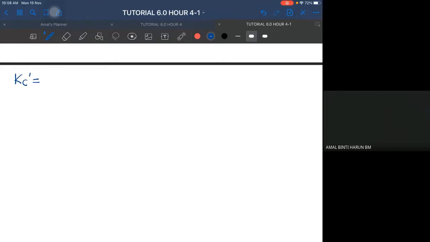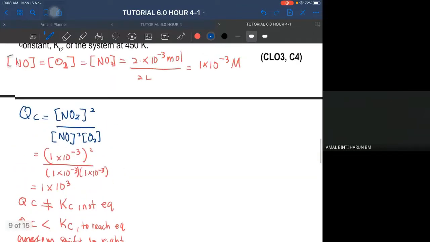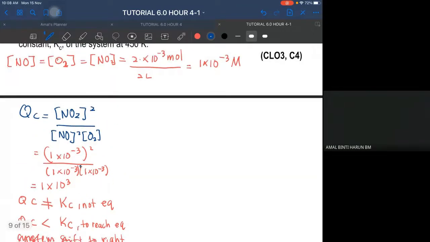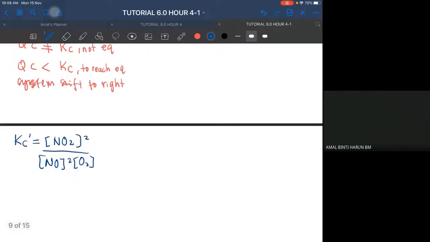So the new Kc is concentration NO2 squared over concentration NO squared concentration oxygen. Then we know that this is the concentration of reactant and product at the new equilibrium.